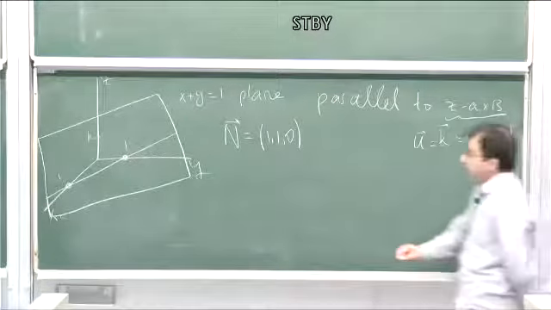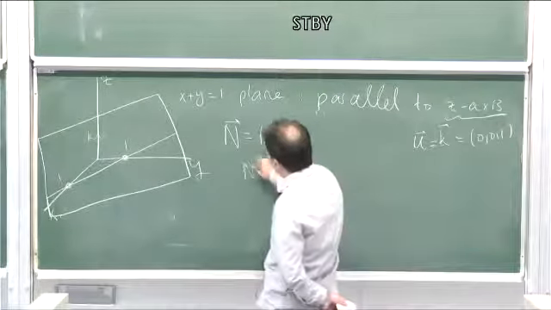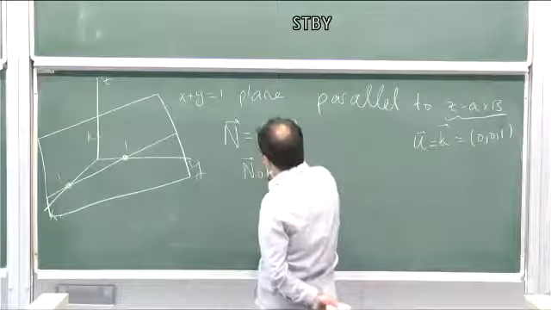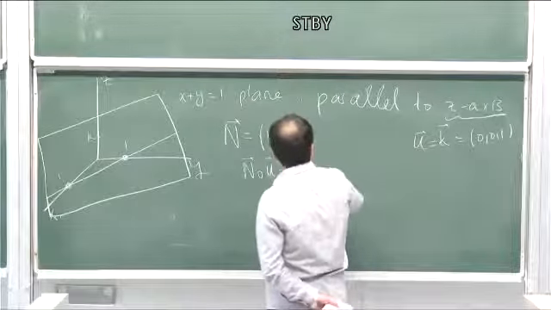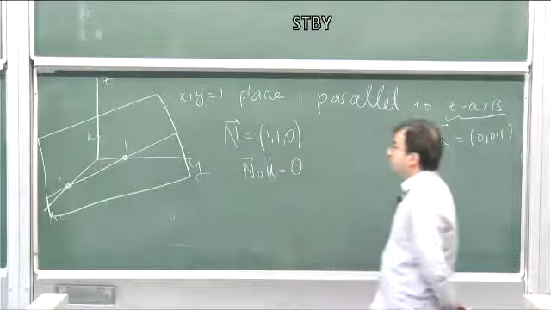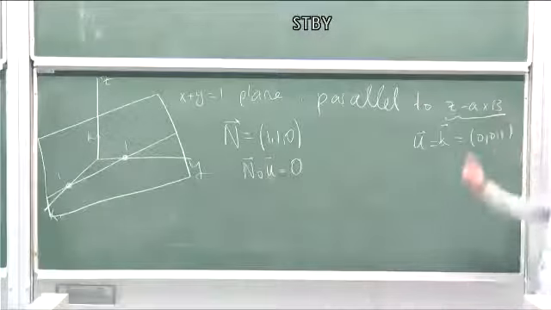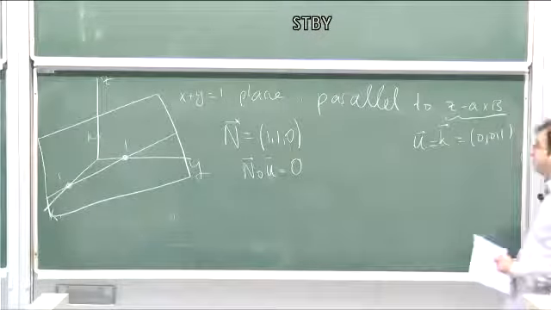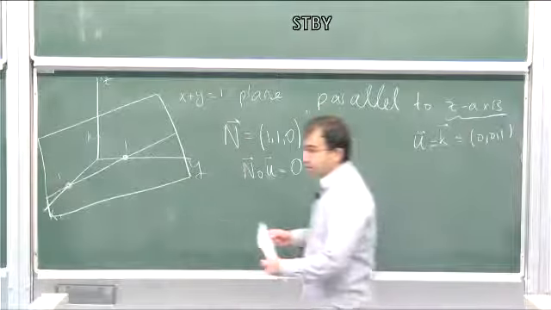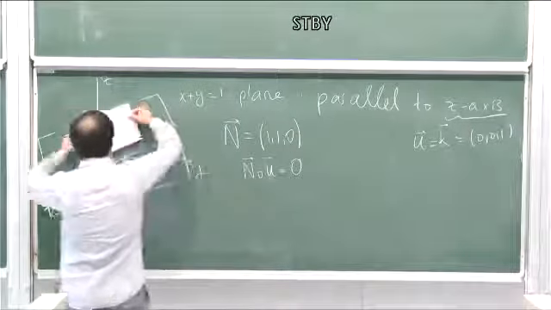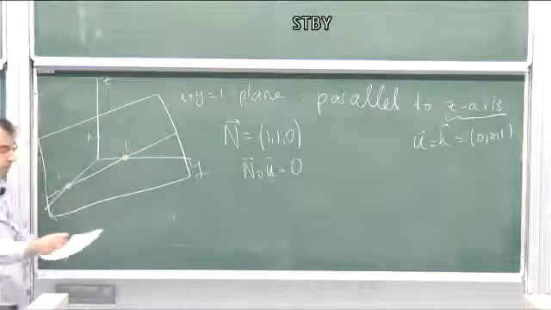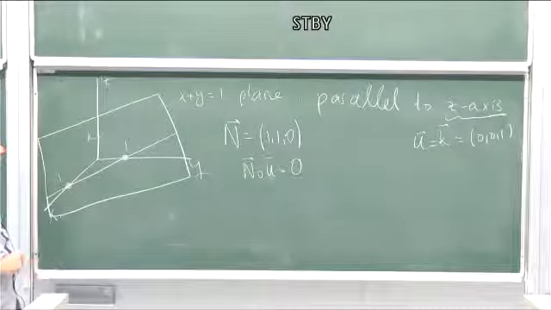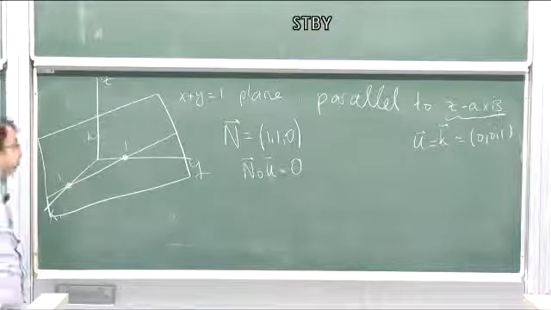Okay, then let's compute the product. n dot k equals 0. So this plane x plus y equals 1 is parallel to the z-axis. Really, it goes parallel to the z-axis.